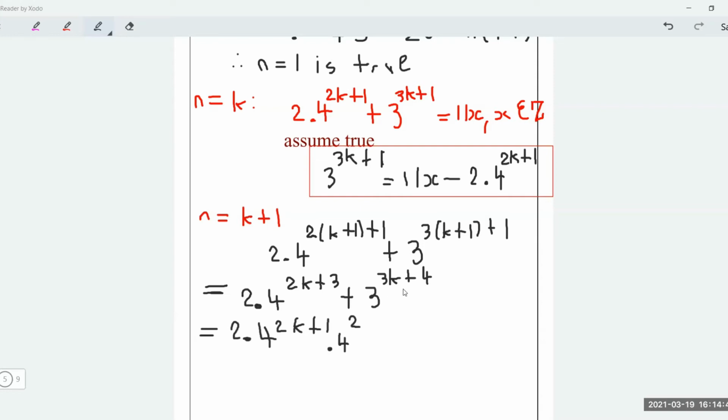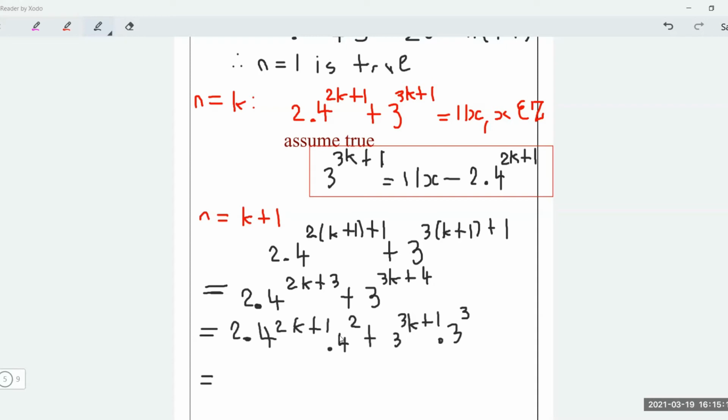Plus, I can break up 3 to the 3k plus 4 as 3 to the 3k plus 1 multiplied by 3 cubed. Because when I break it up like this, if you were to add back the powers, you get back the 4 right here. If you add 2 and the 1, you get back the 3 right there.